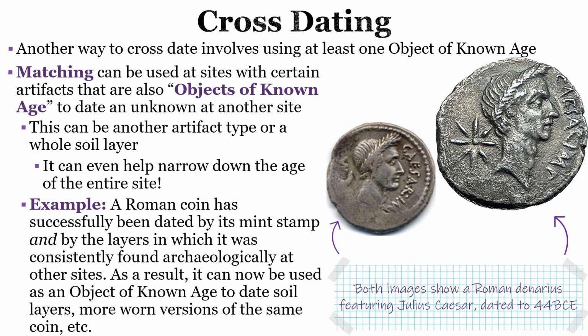Where we can say this is a ceramic from around 44 BCE, and this is an older ceramic. And now we can start to really plug in a time for it instead of just saying, well, that's old, that's young. So hopefully this is making some sense as to how cross dating can help us too, and why we as archaeologists get so dang excited when we can figure out the age for something.